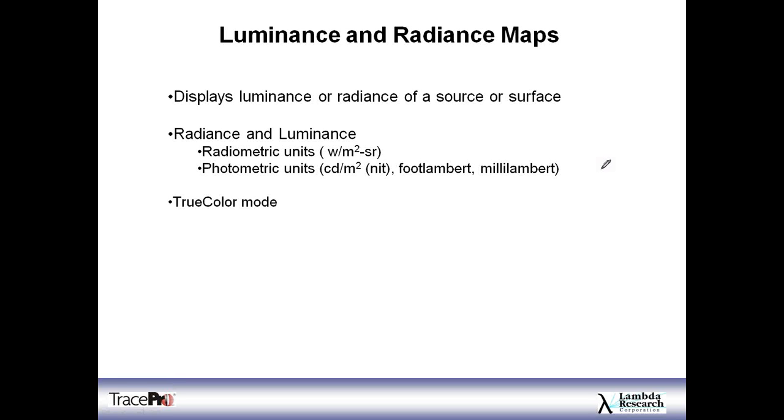For radiance and luminance, the radiometric units are watts per meter squared steradian, or for photometric units, it's Candela per meter squared, foot Lambert, or millilambert. Again, you switch your units in the analysis units in the ray trace options in TracePro.